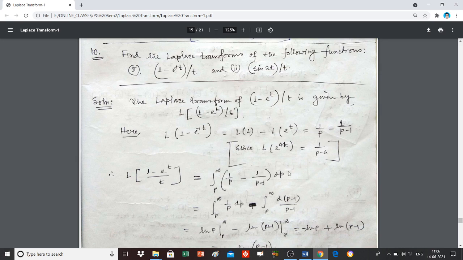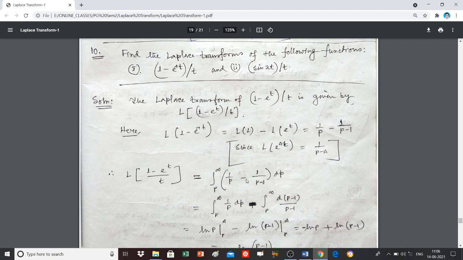Because you know the formula: the Laplace transform of 1 by x f(x) is the integral from p to infinity of F(p) dp. In our case, F(p) means the Laplace transform of the given function. The function is taken as 1 minus e to the power t, and its Laplace transform F(p) is 1 by p minus 1 by (p minus 1), which we just carried out.